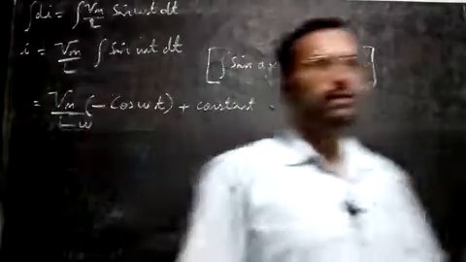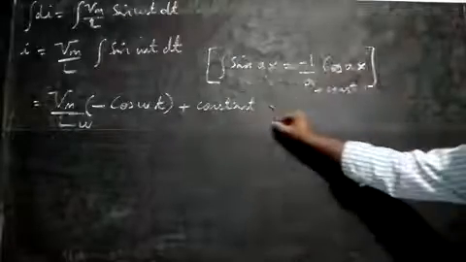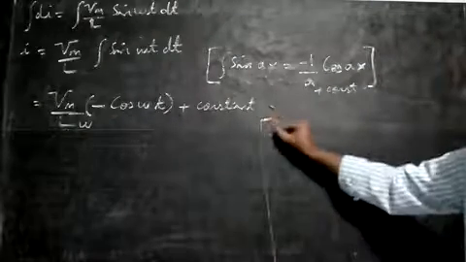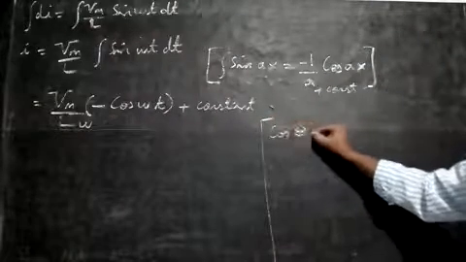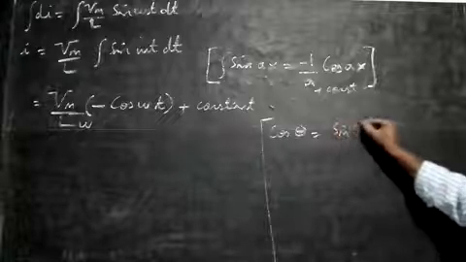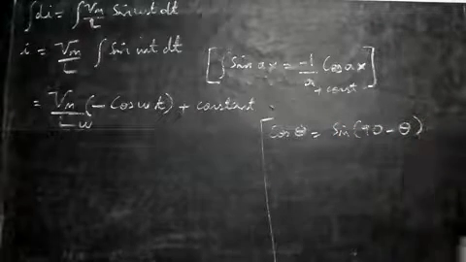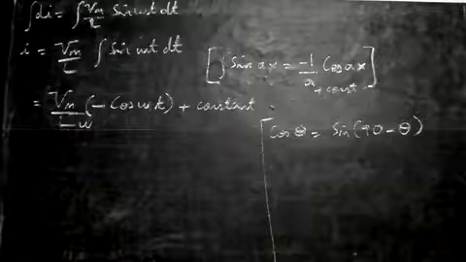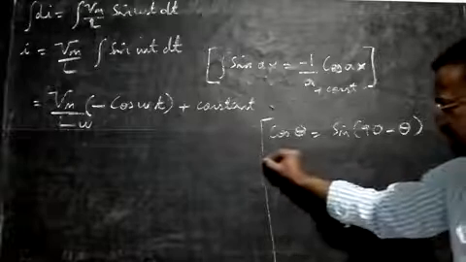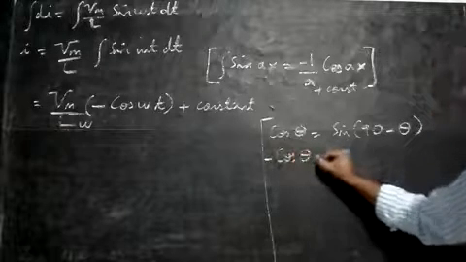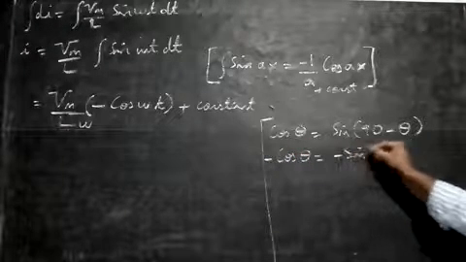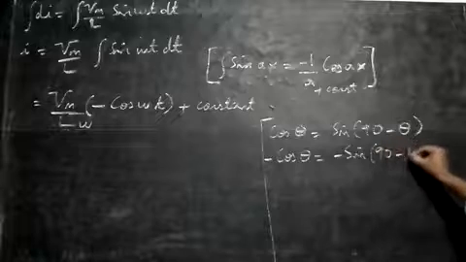For that we'll again use trigonometry. In trigonometry you have learned that cos theta is equal to sine of 90 minus theta, maybe in 11th. Now minus cos theta will be equal to minus sine of 90 minus theta.